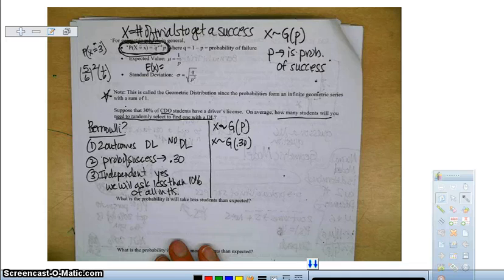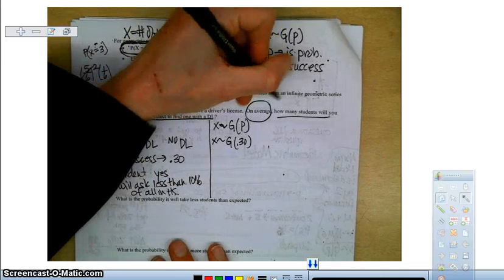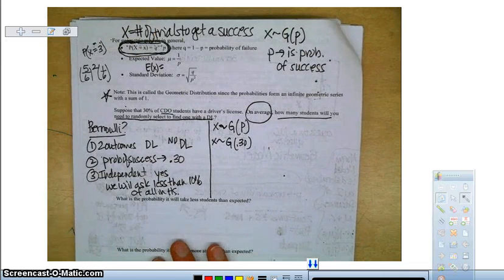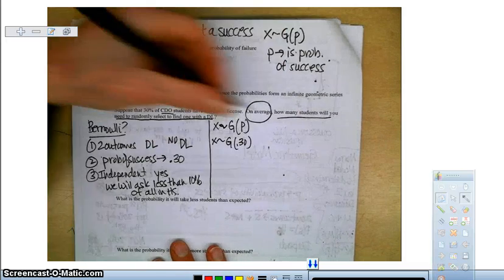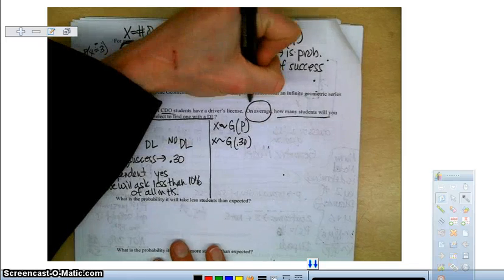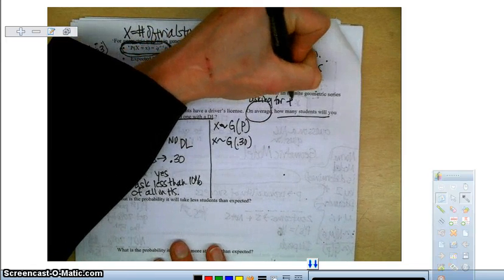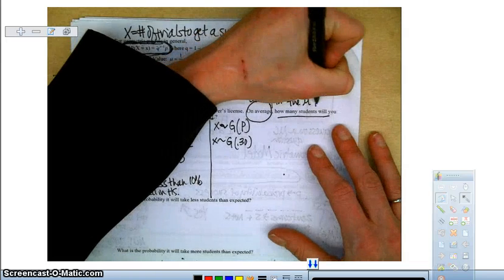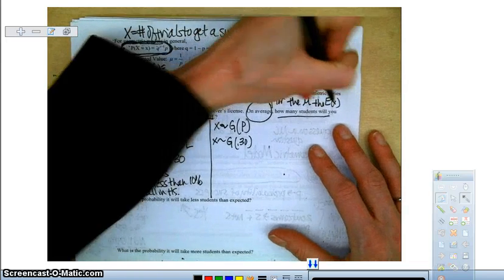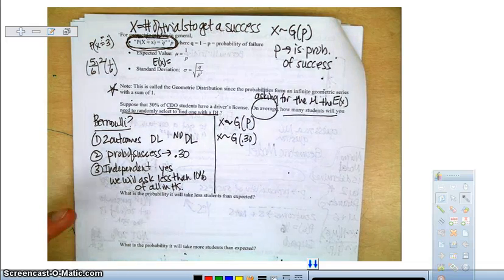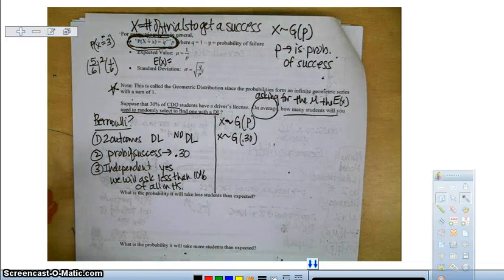Now here's the key word. The key word here is on average. Okay, if it says on average or how many students will you expect, this is asking for the mean, the expected value. Whenever a question says on average, and they ask this a ton here, they're asking you to just find the expected value.